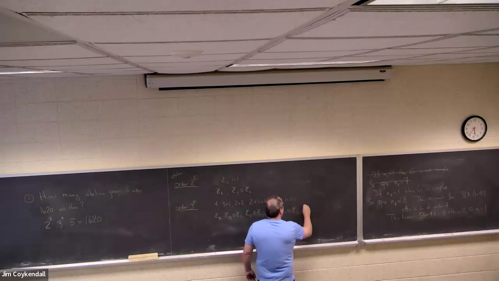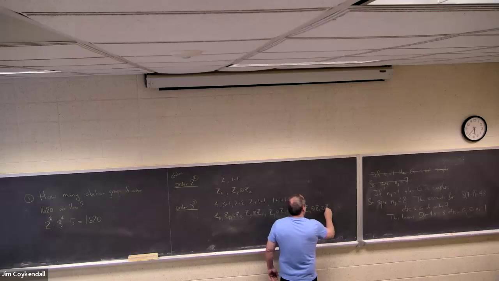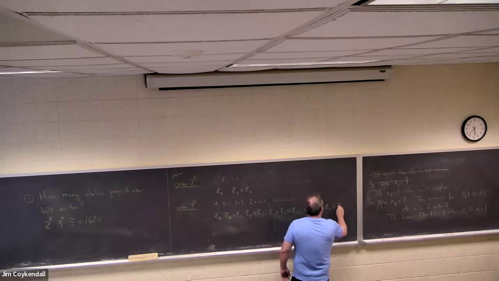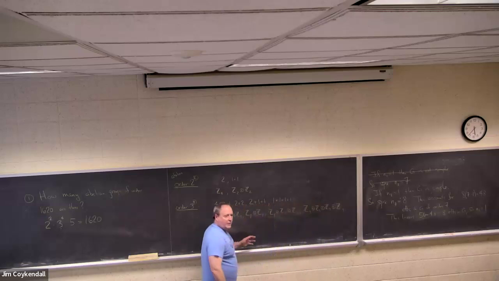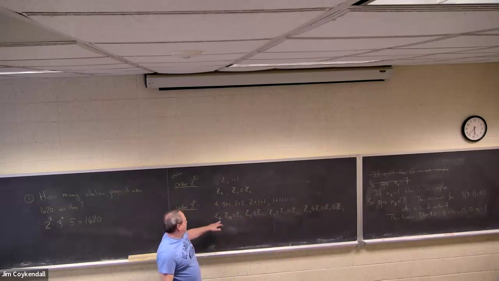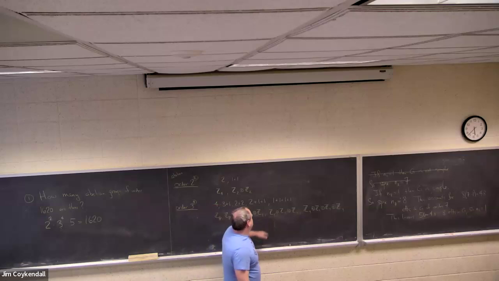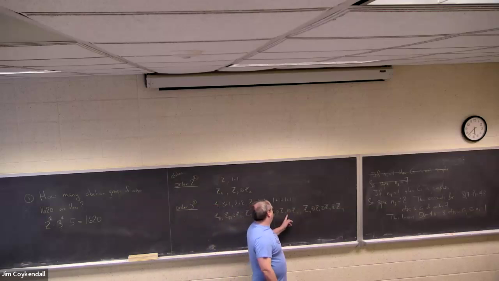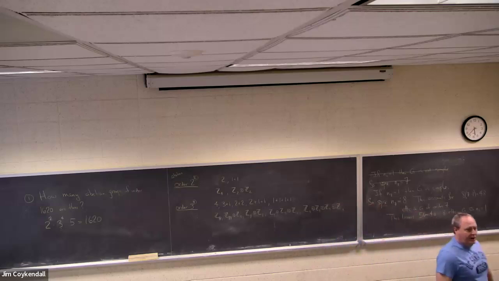And finally, 4 copies of C3. These are all the different isomorphism classes of groups that you want. Cyclic of order 81, I can bring it down to cyclic 27, cyclic 3, two cyclic 9s, cyclic 9, 3, 3, and also 3, 3, 3, 3. Everybody okay with that?